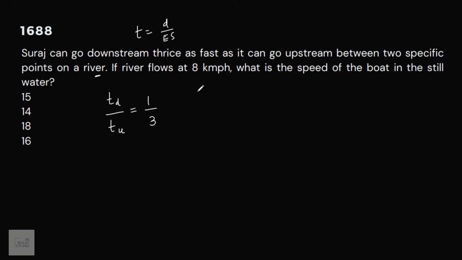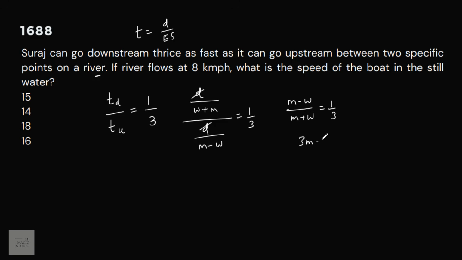With distance d, d upon (m plus w) over d upon (m minus w) is 1/3. So (m minus w) upon (m plus w) is 1/3. 3m minus 3w equals m plus w, 2m equals 4w, so m equals 2w.